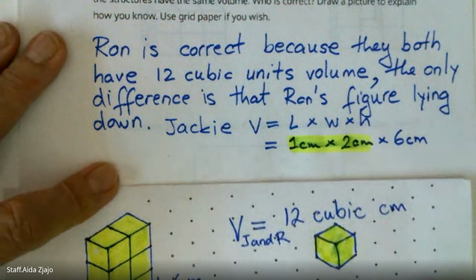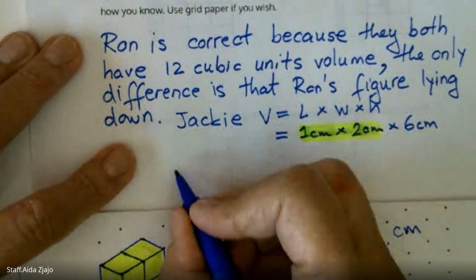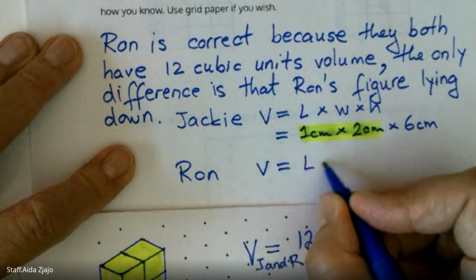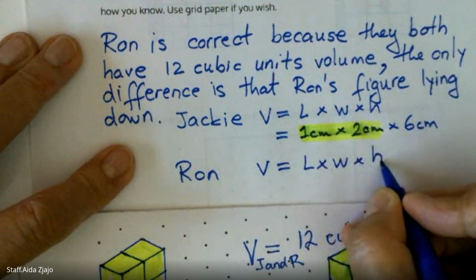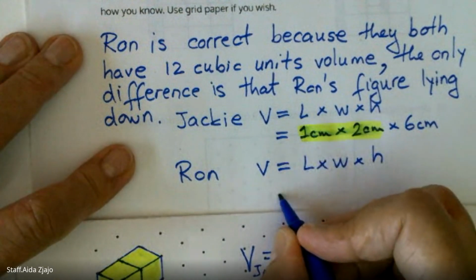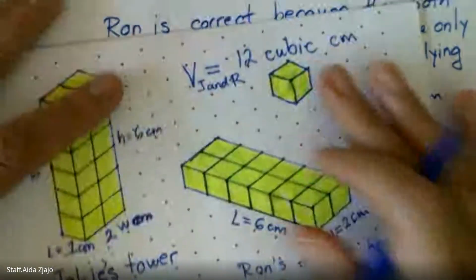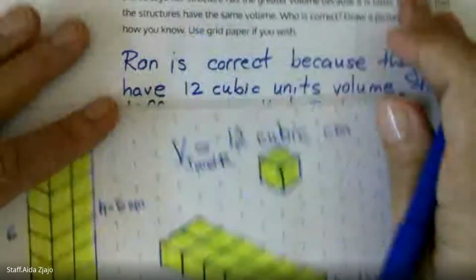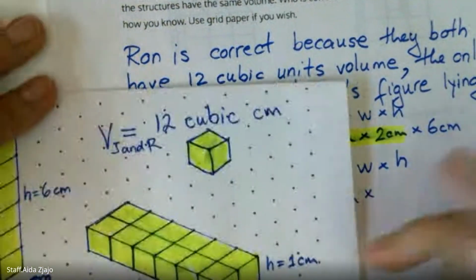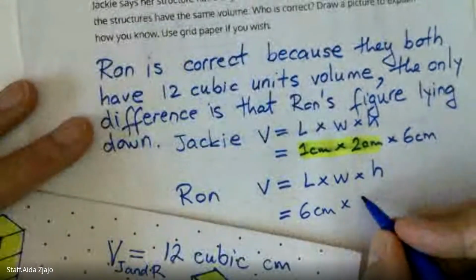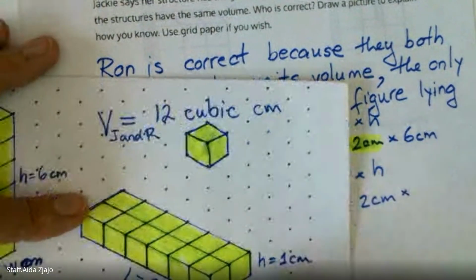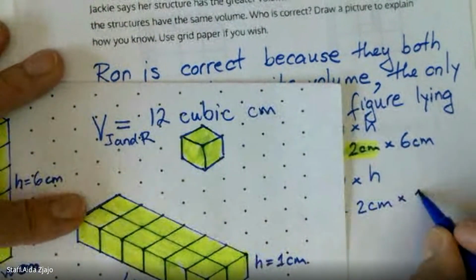While if you look at Ron, the volume is also length times width times height. Now, because his figure is laying down, his length is 6 centimeters, his width is 2 centimeters, and his height is 1 centimeter.